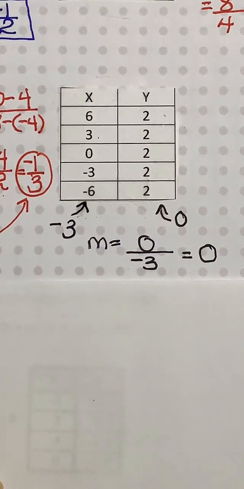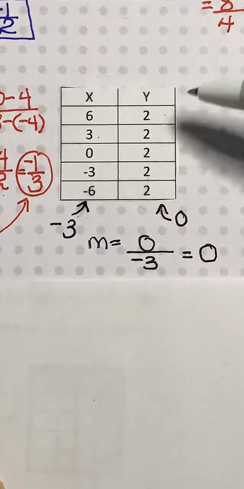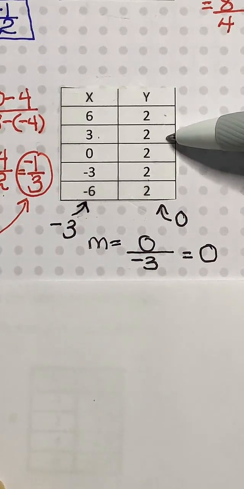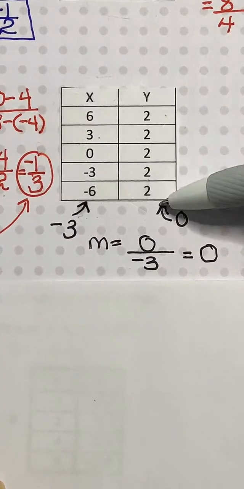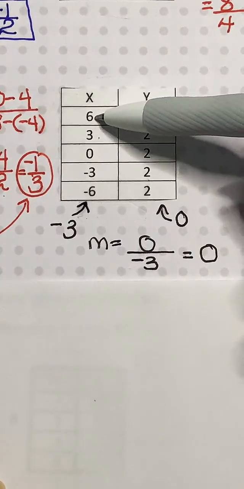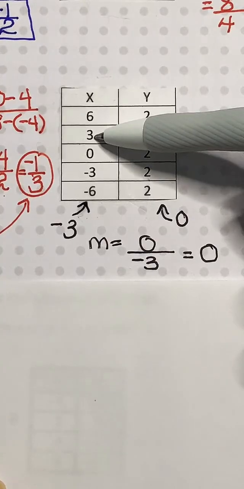Okay, you see it now? When you're looking at the pattern, you're just saying, I start at 2, I'm still at 2, I'm still at 2. So my y values are not changing. My x values started at 6, went down to 3.